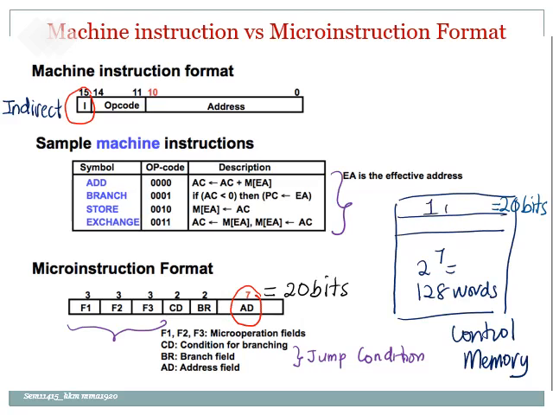Each is 1 word, from 0000000 until 1111111. So in total you have 128 words from 7 bits, 2 to the power of 7.